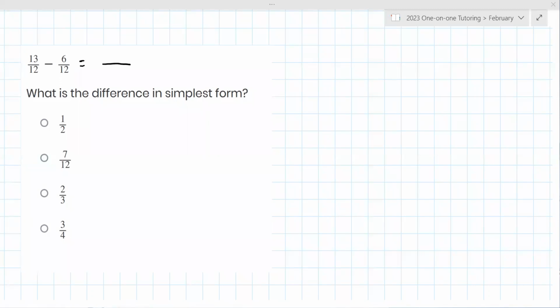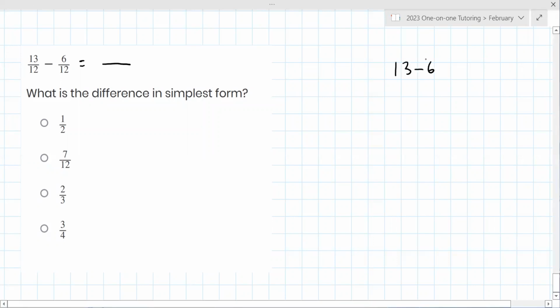13 minus 6. 7 over. What's on the bottom?